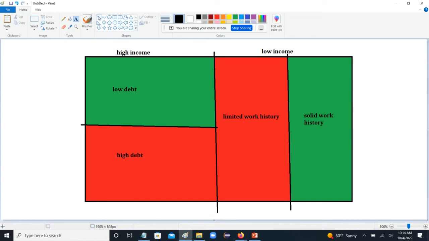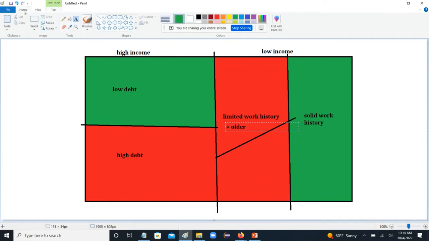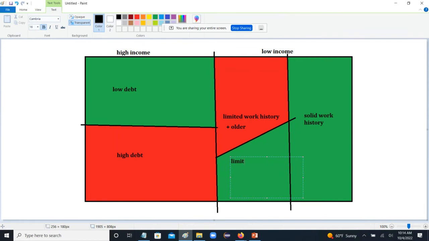And even for limited work history, right? This one you could potentially split down even further. You could say something like, limited work history plus older, but if we look at this one, limited work history but younger, right?